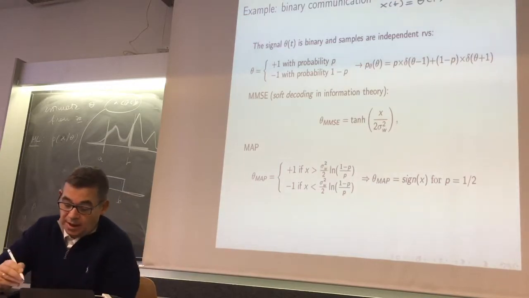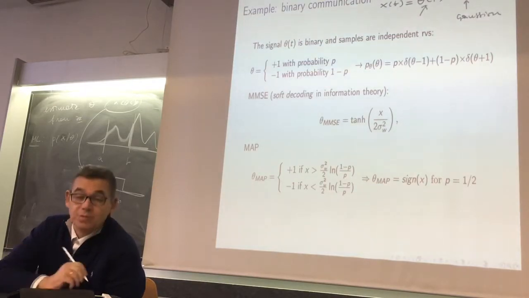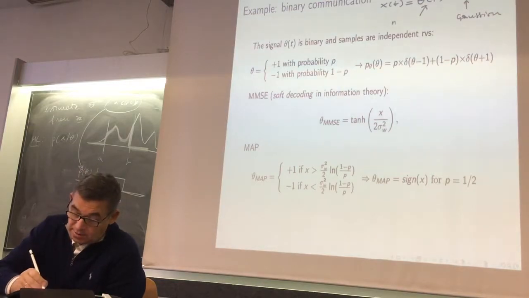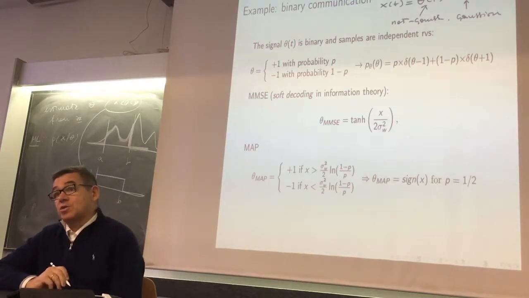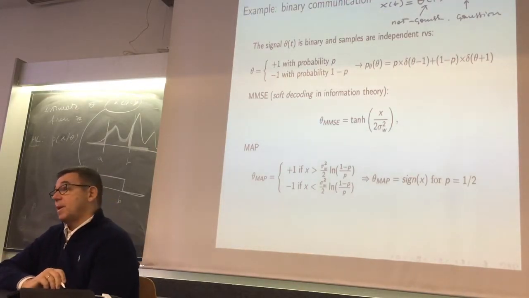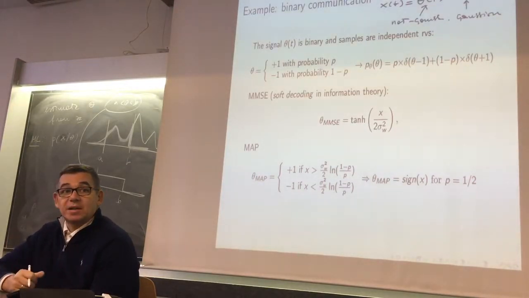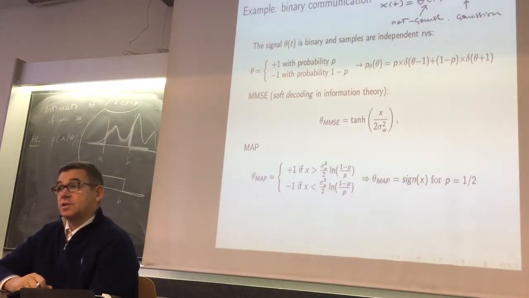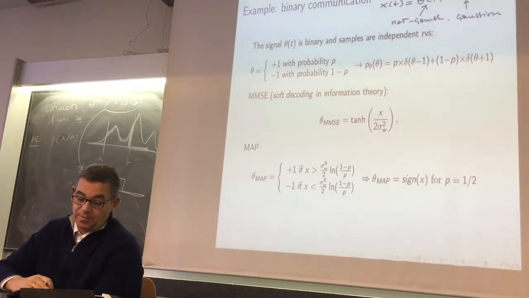Let's consider that this w is Gaussian and this theta is not Gaussian. As an extreme case of non-Gaussian, let's assume that it's plus or minus 1. In telecommunications, one recognizes it as binary communication. So let's consider the special case where theta is plus or minus 1.